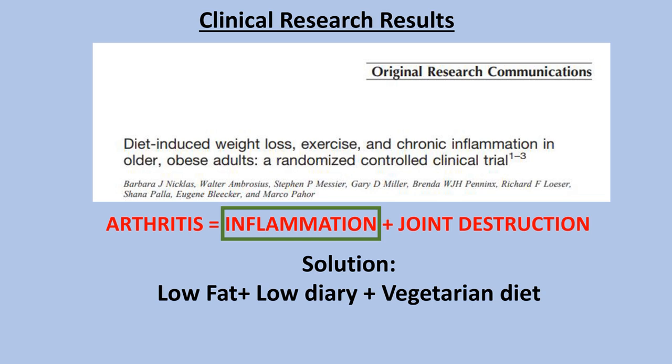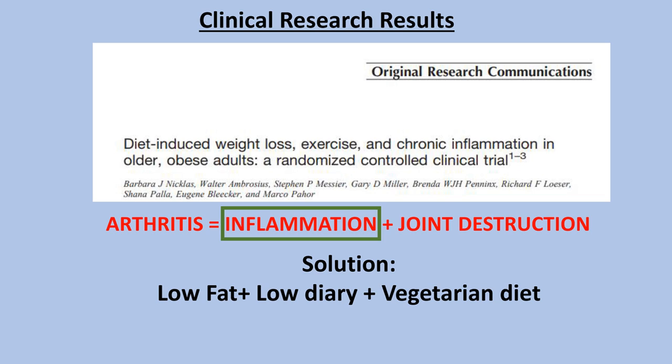What showed a difference and improvement in inflammation and thereby in their arthritis was that they changed their diet that led them to lose weight. Okay. So I have here at least 25 studies that have been published to date that show the benefit of a low fat, low dairy, plant-based diet on inflammatory arthritis.